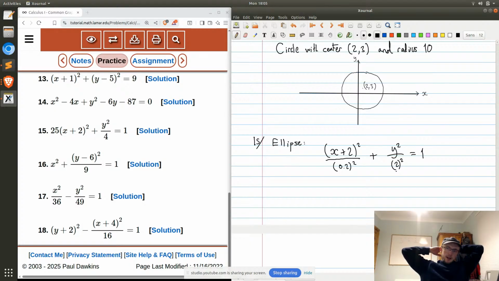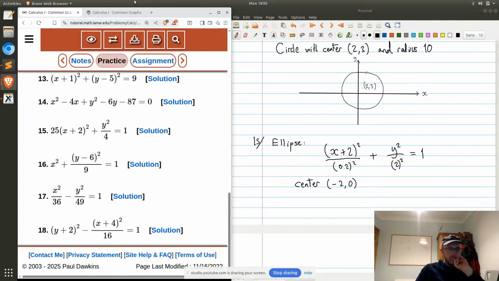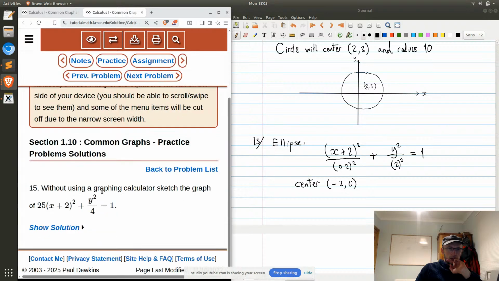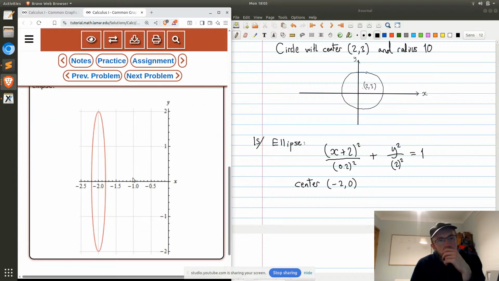I think it's wide. It's a wide ellipse, right? How much detail are we expected to know about this? Oh, man, it's tall.